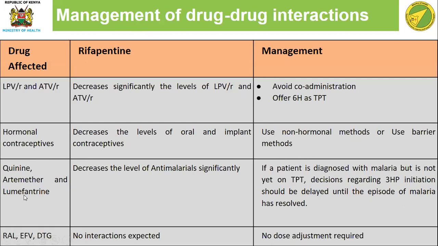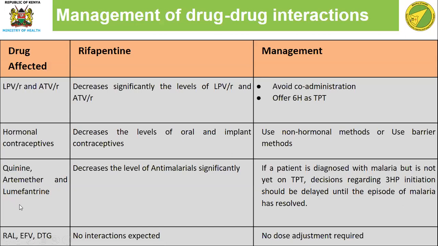AL: I don't know if there's any healthcare worker today from the malaria endemic regions. Rifampicin decreases the level of antimalarials significantly. So if the client has not started TPT and is diagnosed with malaria first, then defer TPT.